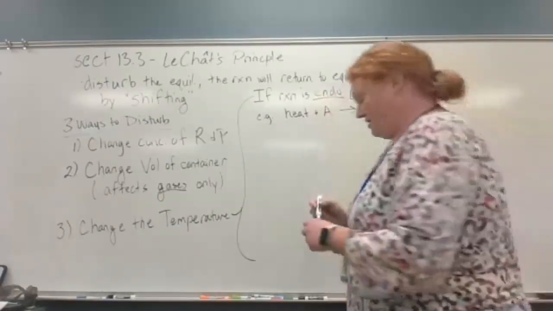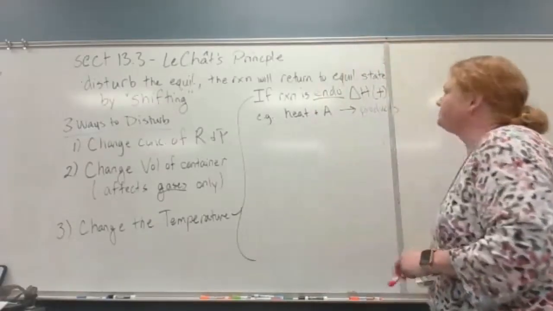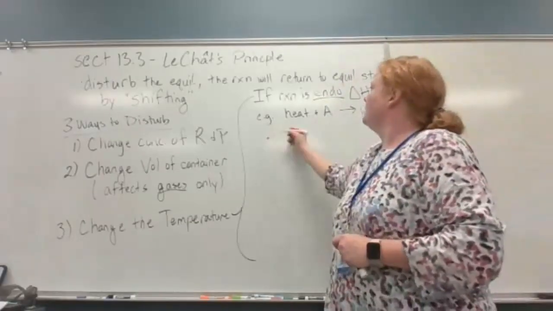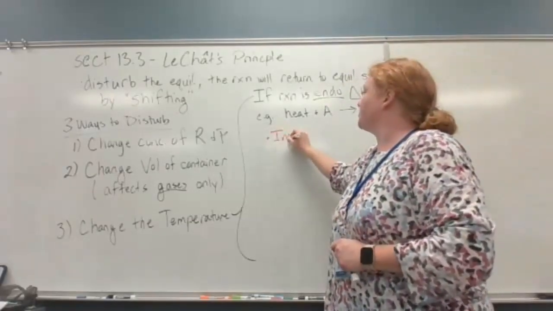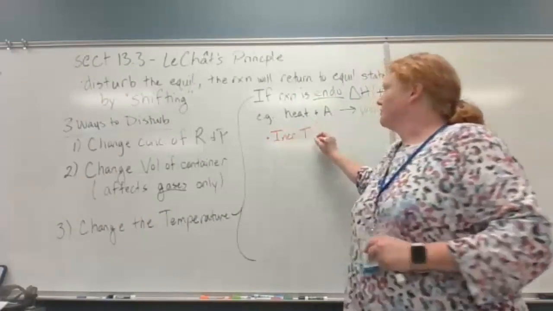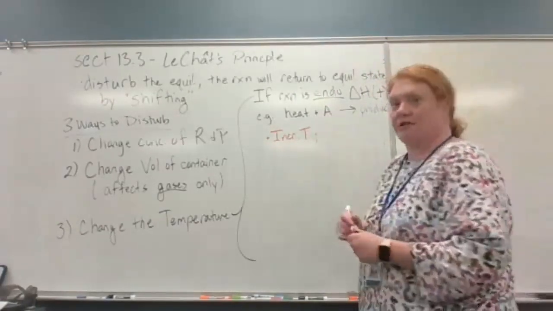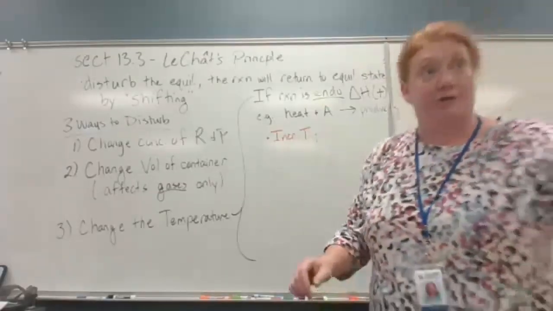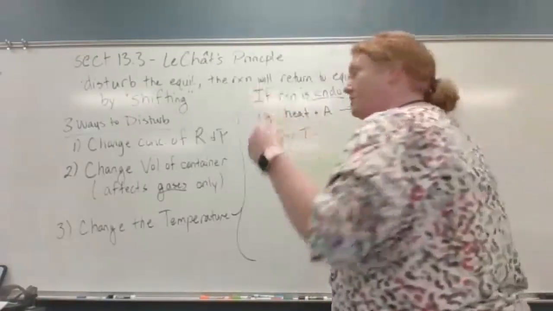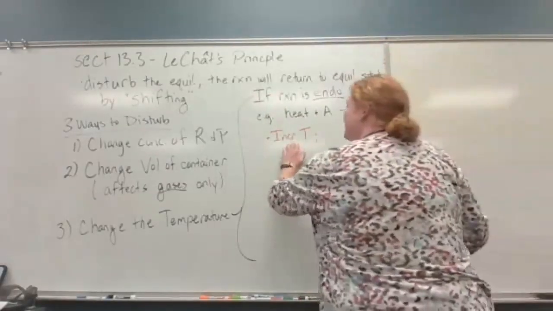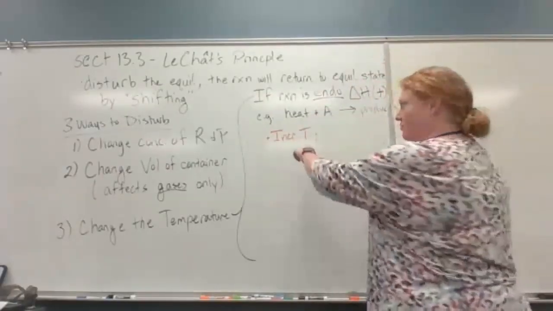Okay. All right, so if it is endothermic, if you increase the temperature, the equilibrium will shift. And now we can go back to thinking about our teapot here. What is the disturbance I'm doing?